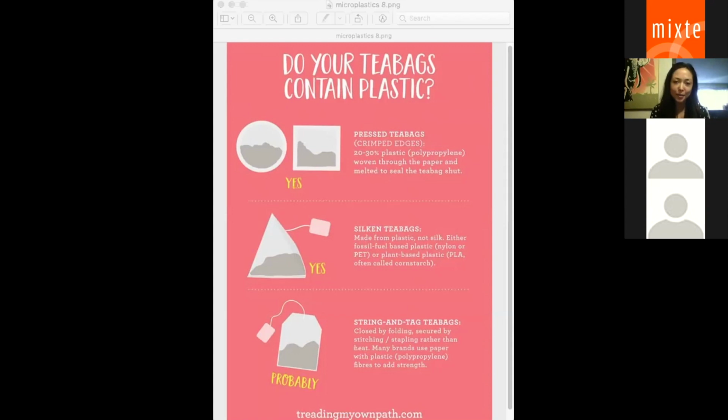So I highly recommend using loose leaf tea instead, if you can. I've heard that there's also a brand of tea that uses only 100% organic cotton for their tea bags, and that's it. There's no plastic lining or anything. But I would stick with loose leaf tea. Okay, so it's found everywhere.